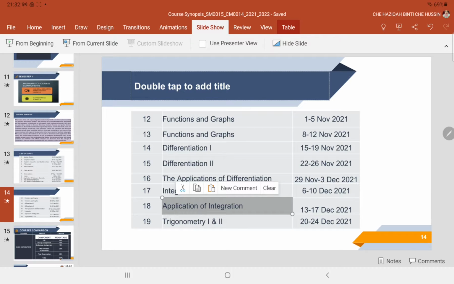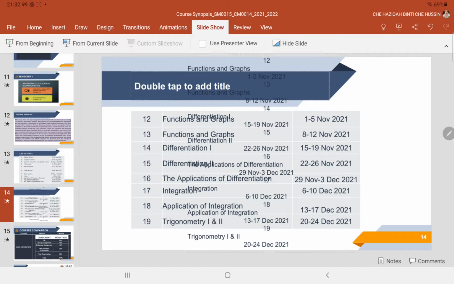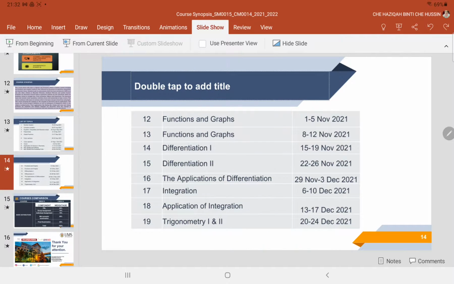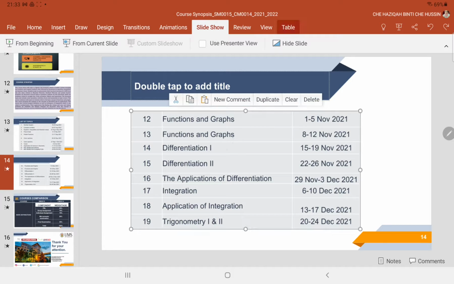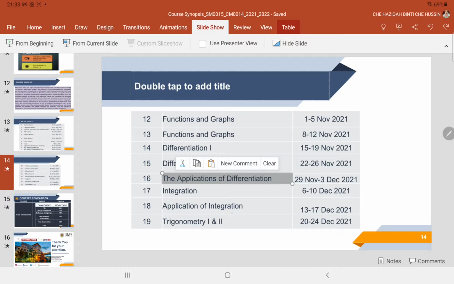At the end of the semester, we will cover trigonometry 1 and 2. Your final exam will cover function and graph, differentiation 1, differentiation 2, application of differentiation, and integration. Only 7 chapters for your final exam.